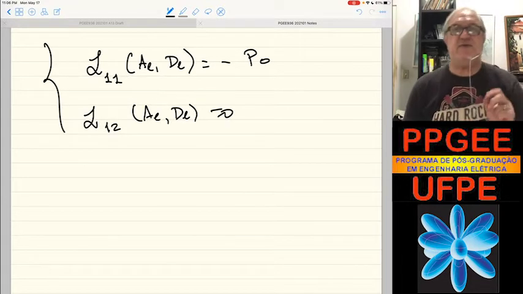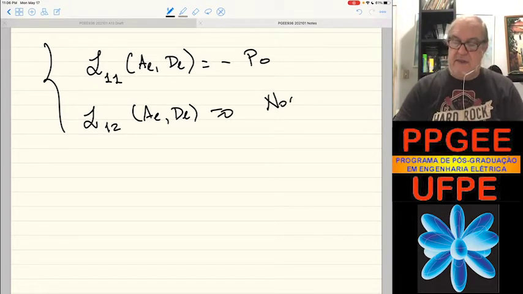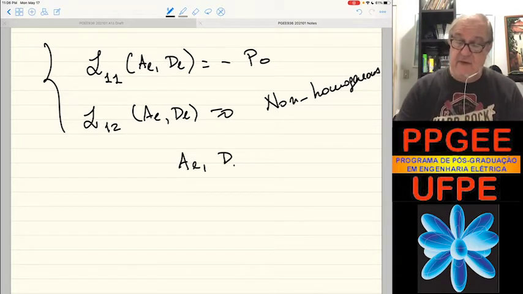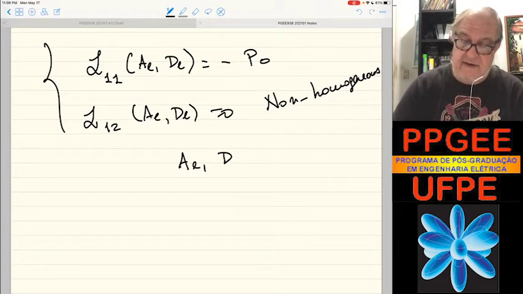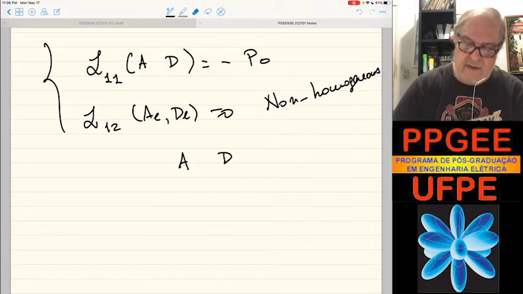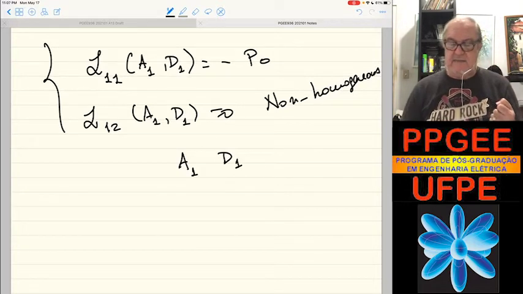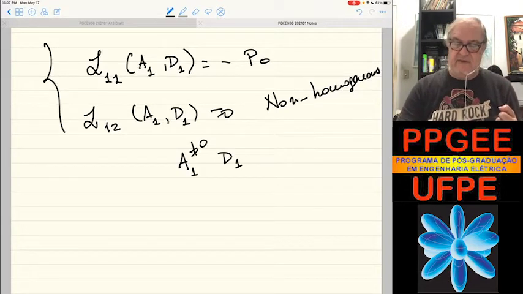So this is a 2 by 2 system, non-homogeneous, right? So we can solve for AL and DL. We obtain a result. In fact, not for AL and DL, we have here A1 and D1. So we have one linear system involving constants A1 and D1. Because this is a non-homogeneous system, we have solutions which are different from 0.